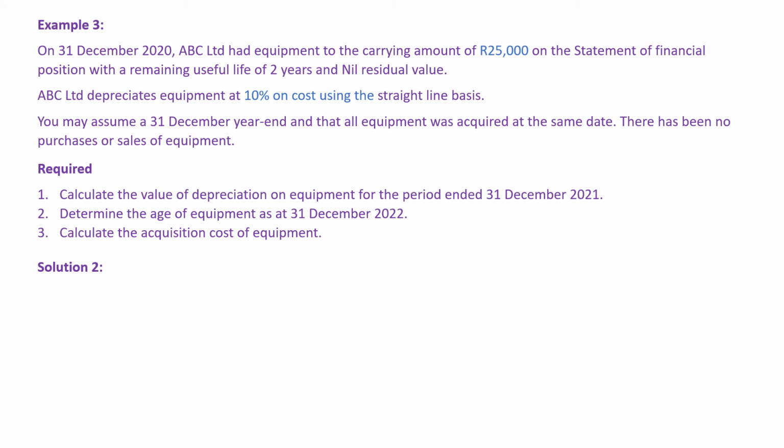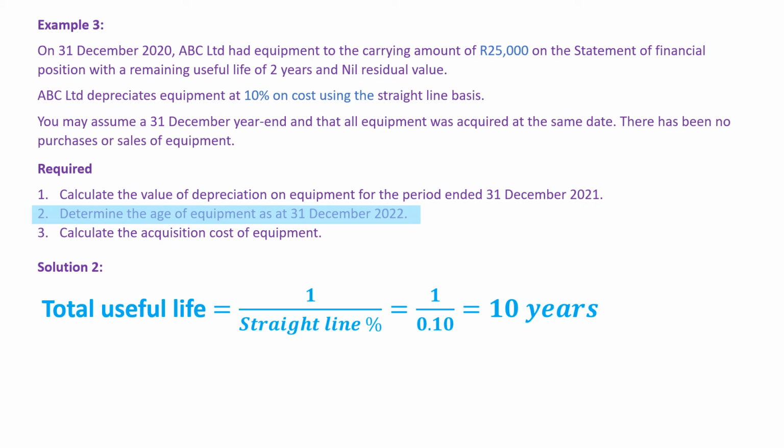Now let's move on to part 2. Determine the age of equipment as at 31 December 2022. In order to calculate the age of equipment at a specific point in time, your starting point would be to calculate the total useful life. Your total useful life is equal to 1 over your straight line percentage of 10%.